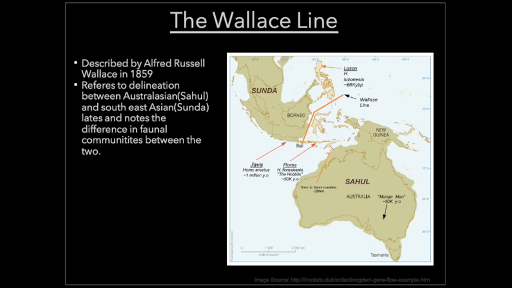So remember, the Sahul plate has been heading north since it split from Gondwana 40 million years ago, completely isolated. So all of the species of plant and animal on the Australian continent, Sahul, call it what you will, have been evolving in isolation for 40 million years.